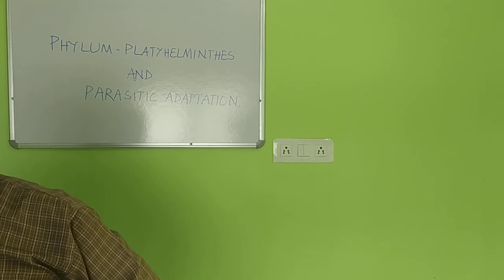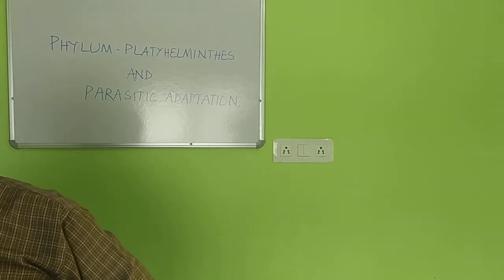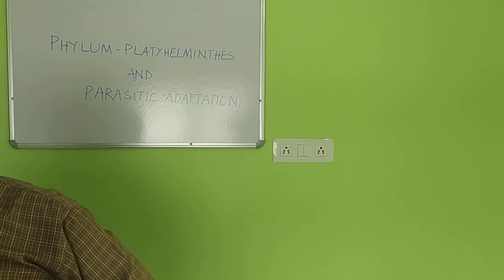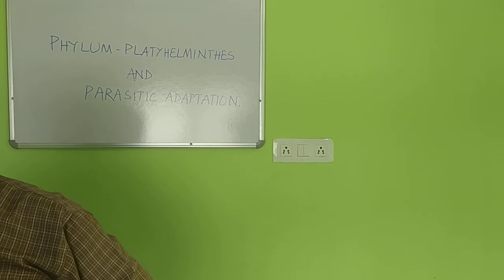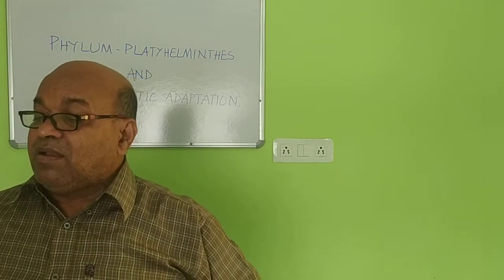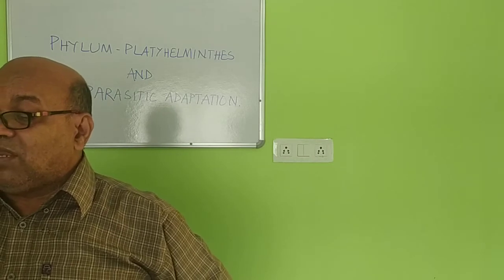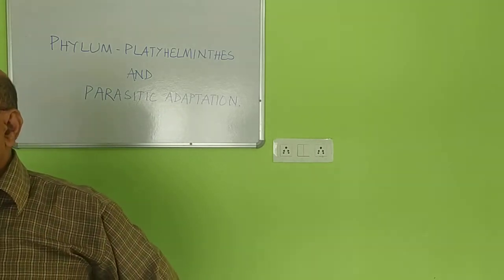Symmetry is bilateral, with no definite coelom. The body is of tissue-organ level organization, and loose connective tissue called parenchyma fills the space between the internal organs, which compensates for the absence of the coelom.